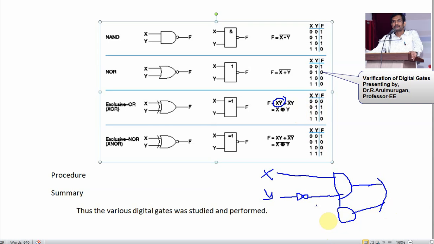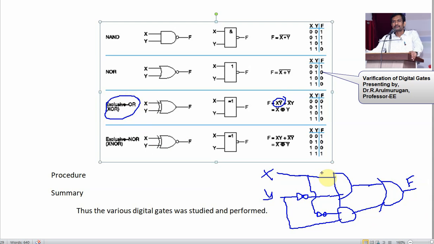Y, here I have touched 1 naught, and I will use X bar, so take it from here, and this is 1 OR gate. Output. Are you watching? Can I get your response? Yes, sir. So this is called exclusive OR.